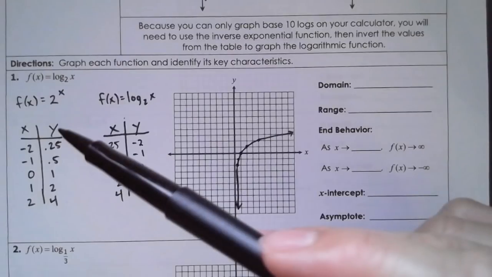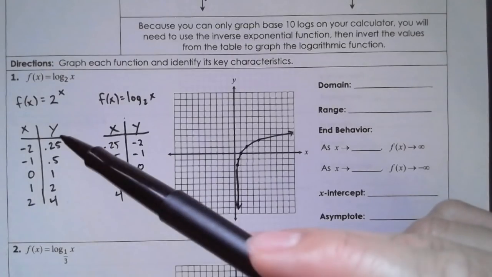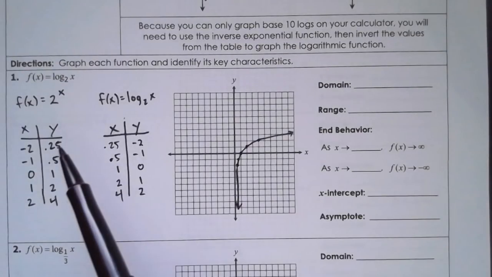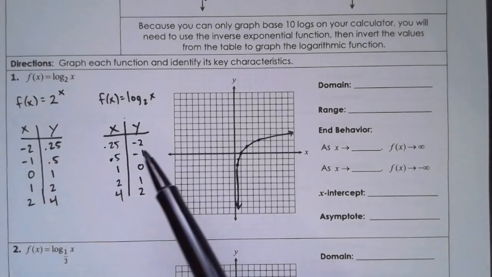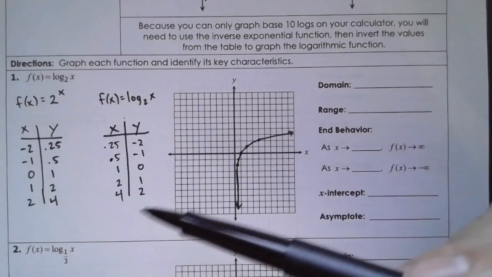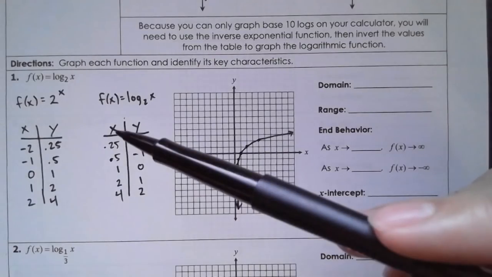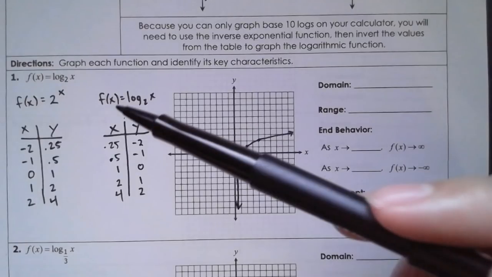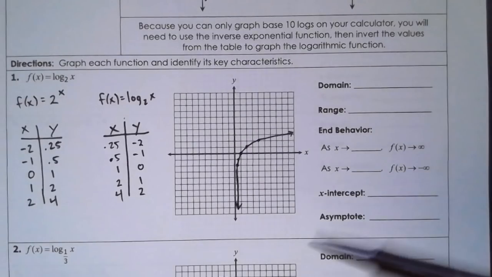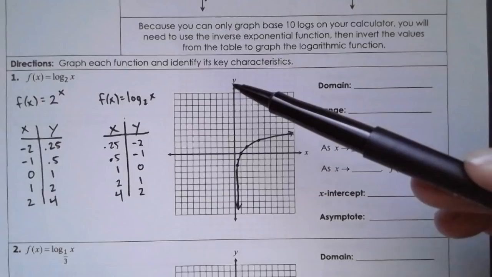So if you take the inverse values, you flip your x's and y's, it's going to hold the same way. Your x's here are going to get closer and closer to 0, but never actually cross. So your asymptote here is this vertical line at x is equal to 0.